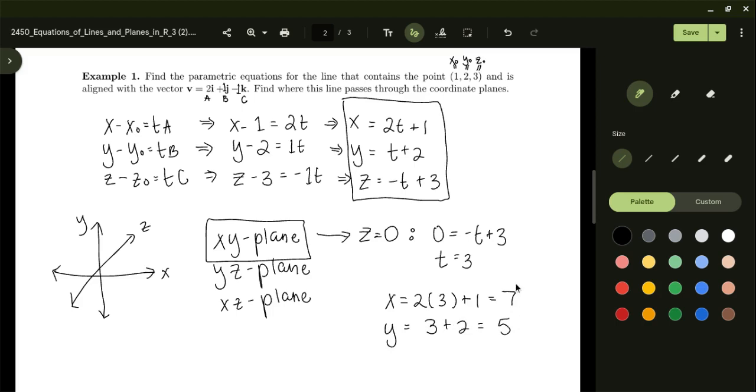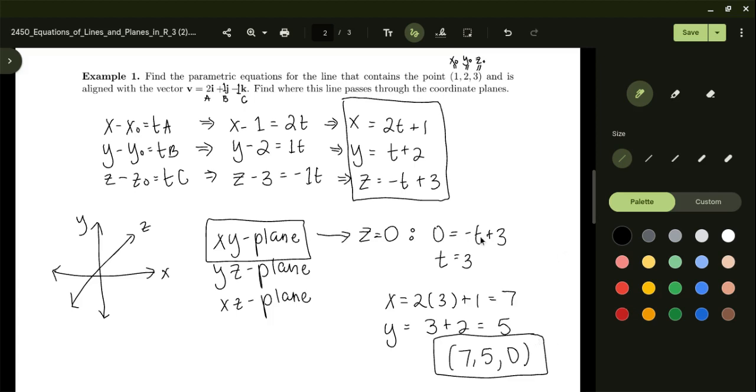So now you'll notice that our line intersects our coordinate plane xy at a point, which makes sense because we have a one-dimensional thing, a line, and a two-dimensional thing of a plane. So it's going to intersect at one point. And so here we have the point is this ordered triple 7, 5 for y, and then 0 for z.